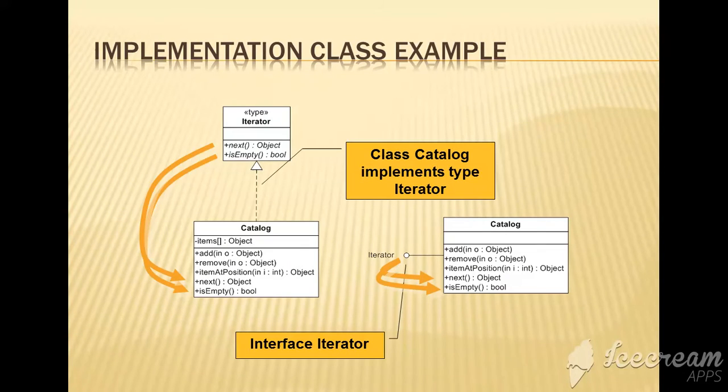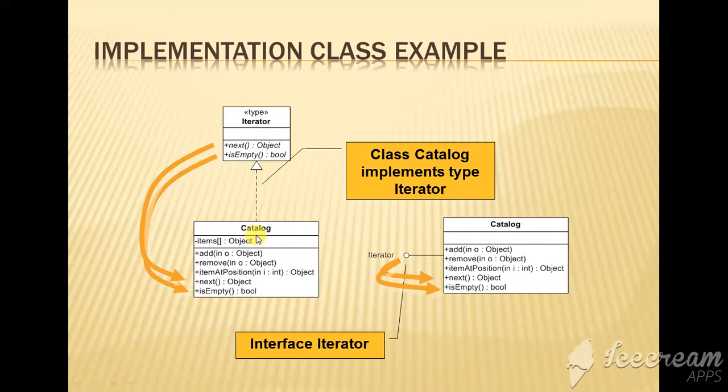So we will now see the implementation class example. We have the iterator, and a catalog is one of the classes here, and we have the operation. The class catalog implements the type iterator.